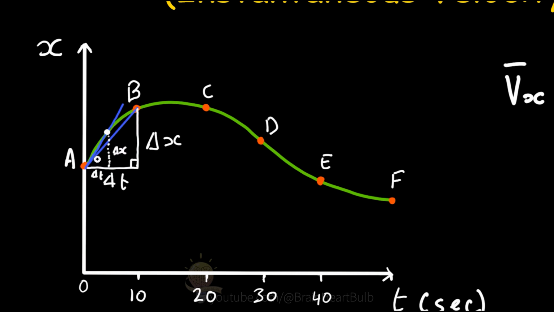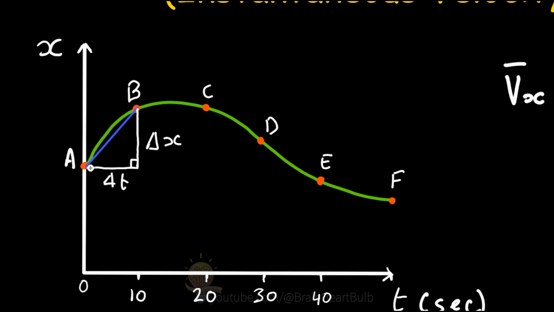And you can see that this gradient is steeper, which means that the average velocity between A and B prime here is greater. But if we continue to shrink delta t and delta x smaller and smaller until those values approach 0, or delta t approaches 0, then we've got a gradient that is more representative of the velocity at point A.